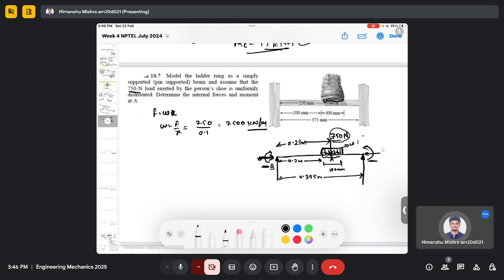Let's say this is B and this is point C. If I take a moment about point C and equate it to 0, I will have B times 0.375 minus 750, and then we require this distance, which will be 0.375 minus 0.25, equals to 0.